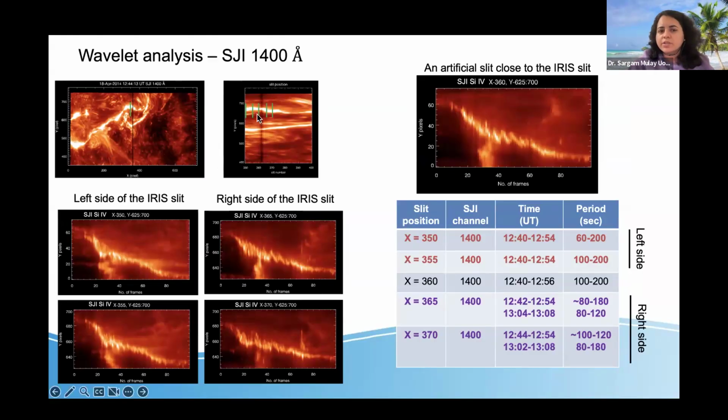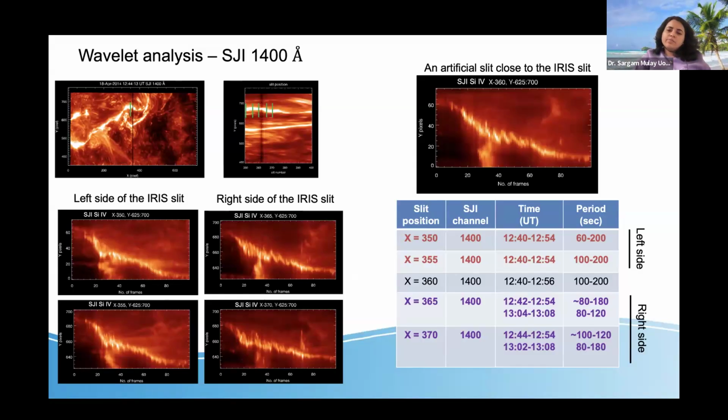We put an artificial slit just before and after the IRIS slit position, and we created the time distance plots. We have seen this nice sawtooth pattern, same as the spectral images, in the silicon 4 slit jaw images. These are the time distance plots on the left side of the IRIS slit, and this is on the right side of the IRIS slit.